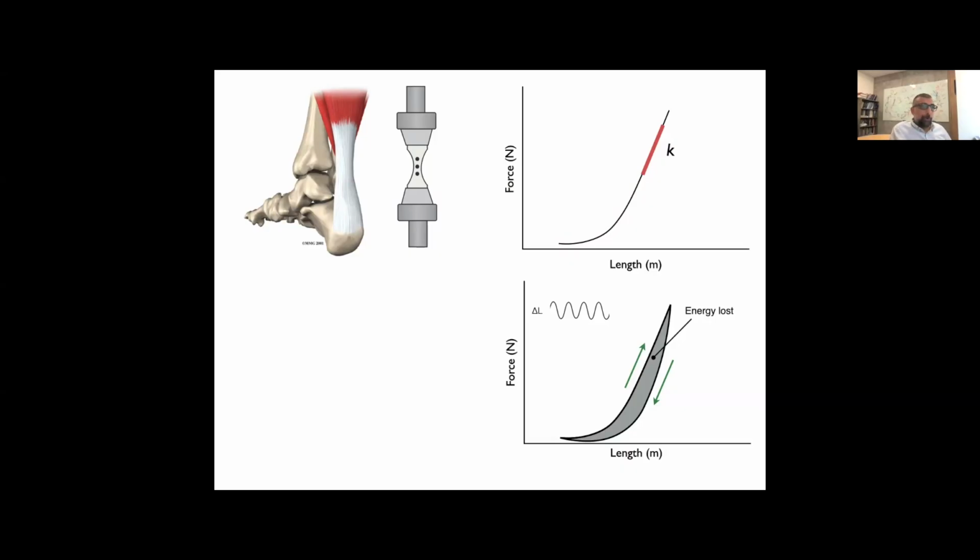And the work loop or the hysteresis is not the only source of that viscoelastic behavior. If we take a tendon, for example, and we just pull it and then hold it at that longer length, the force goes up, but it doesn't stay up here. We have this creep and loss in force, which is the stress relaxation behavior of tendons, which is also a characteristic feature of viscoelastic materials.